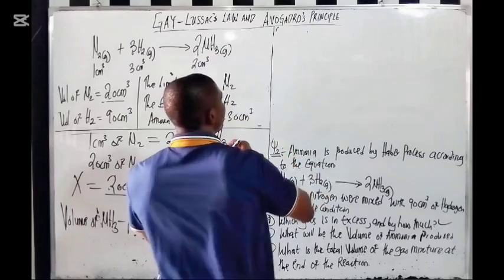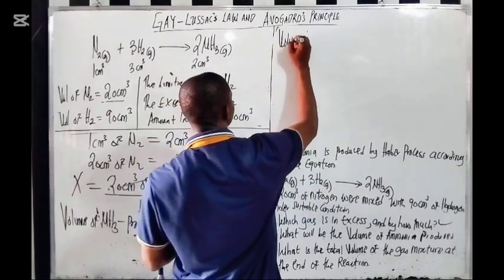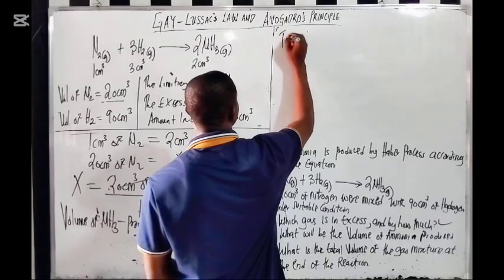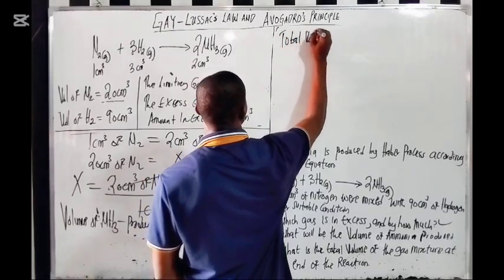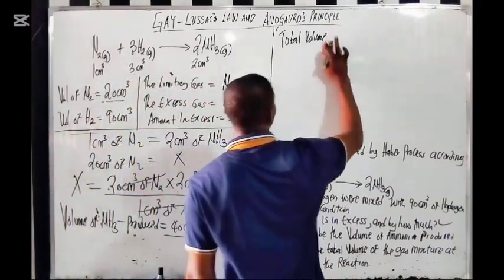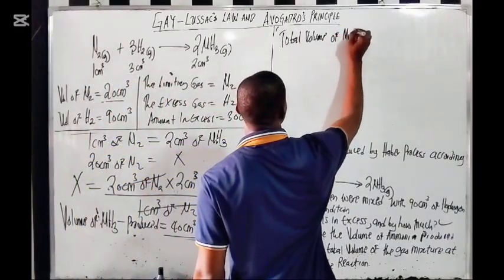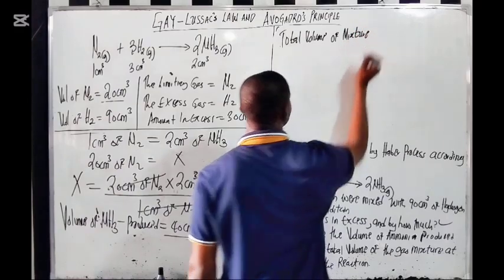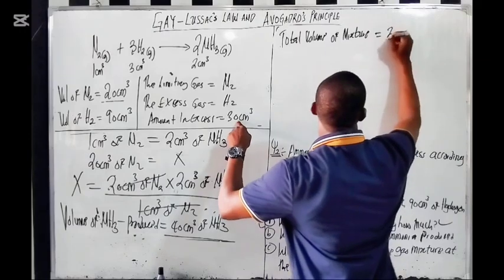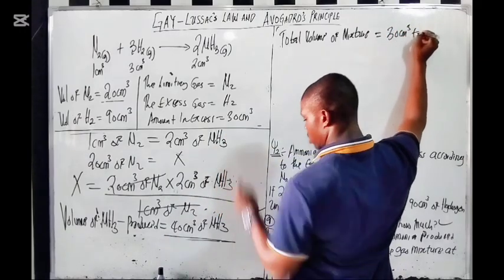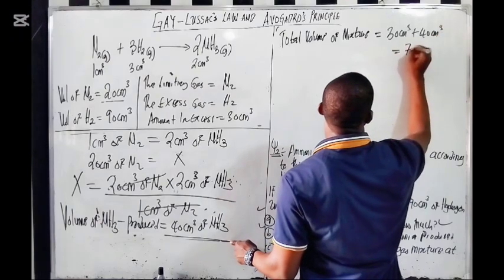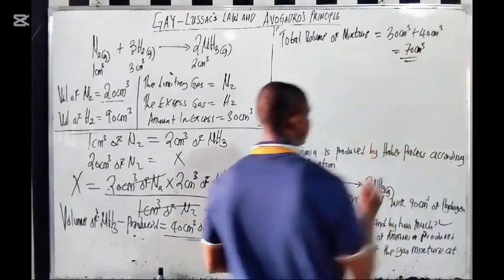So the total volume of mixture is 30 cm³ plus 40 cm³. You're going to get 70 cm³. Do you understand?